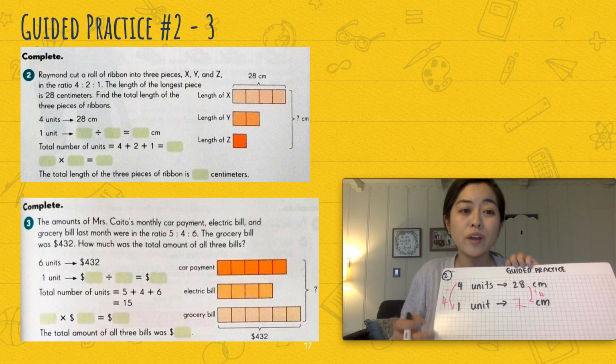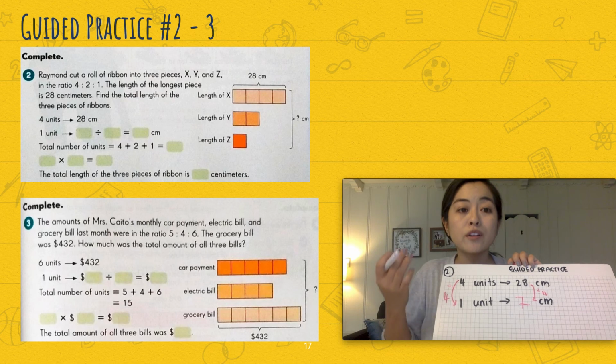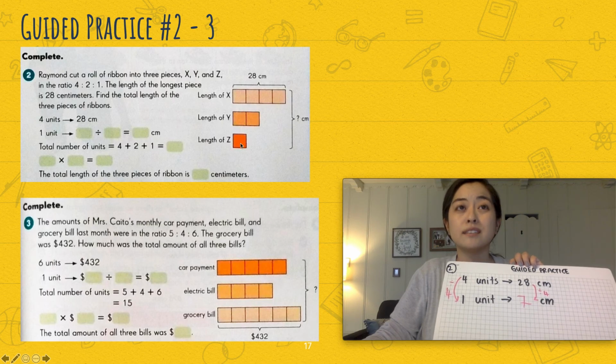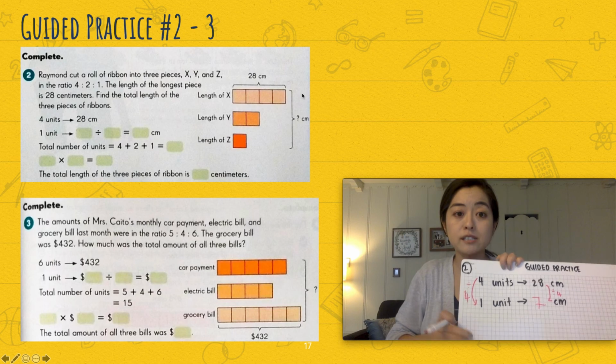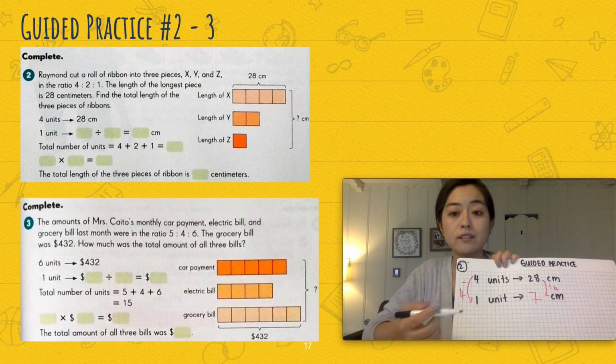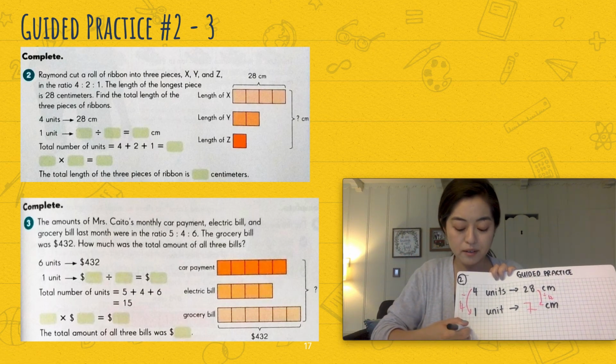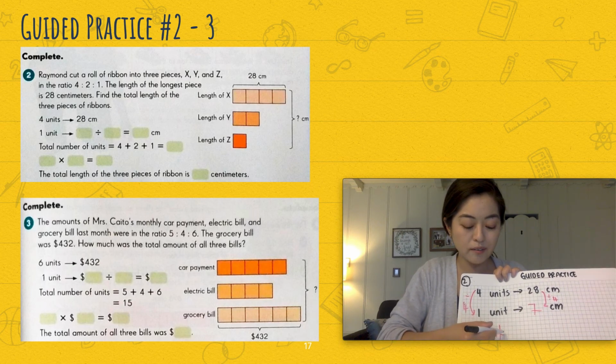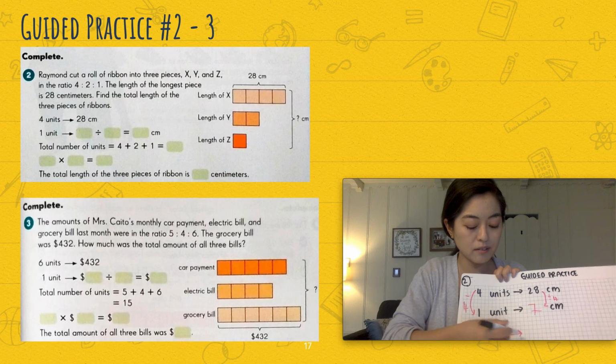Now it says we have to find the total number of units. That is, let's see, we have 1, 2, 3, 4, 5, 6, 7 total units. Okay? Because our question says find the total length of the 3 pieces of ribbon. So now 7 units represents the total of the 3 pieces of string.